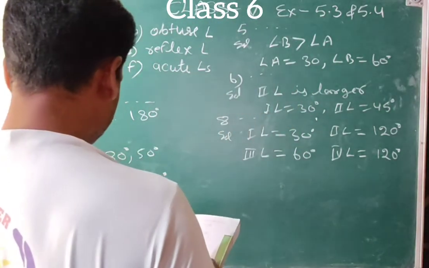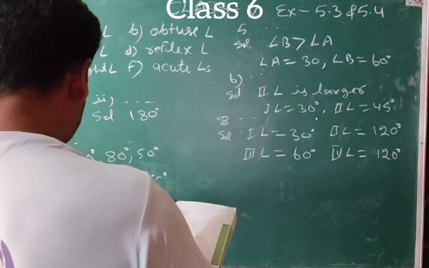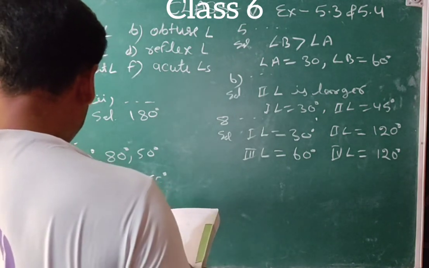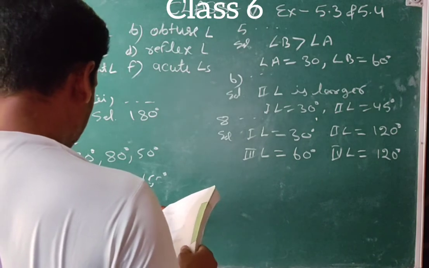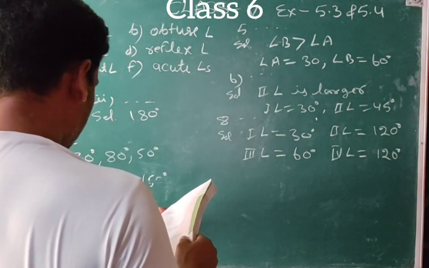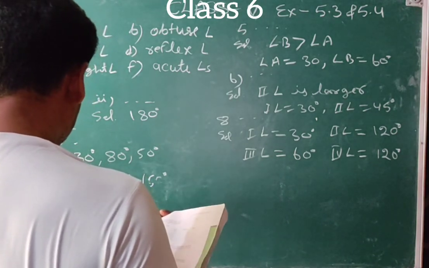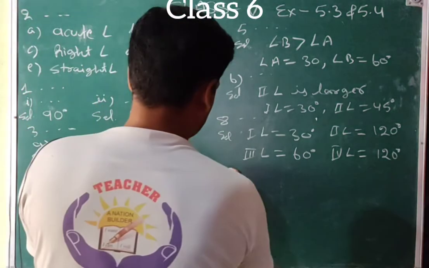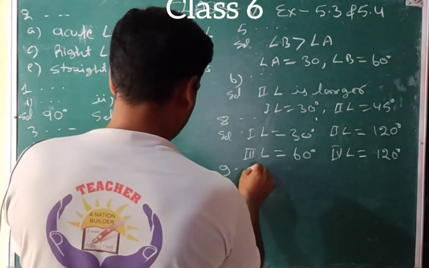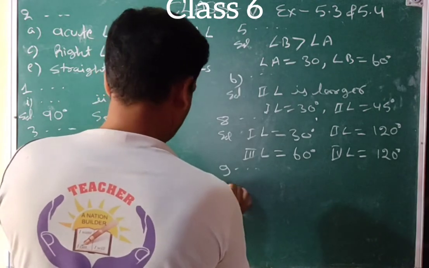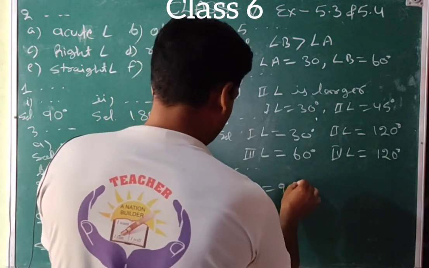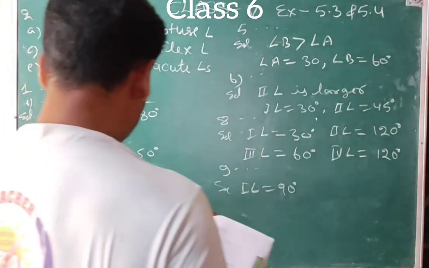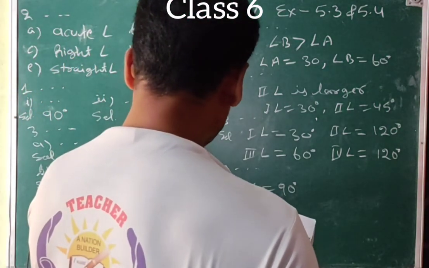And then the ninth question. Again the clock has started. Find the angle measure between the hands of the clock in each figure. First angle is equal to 90 degrees, because 9 to 12 is 90 degrees.